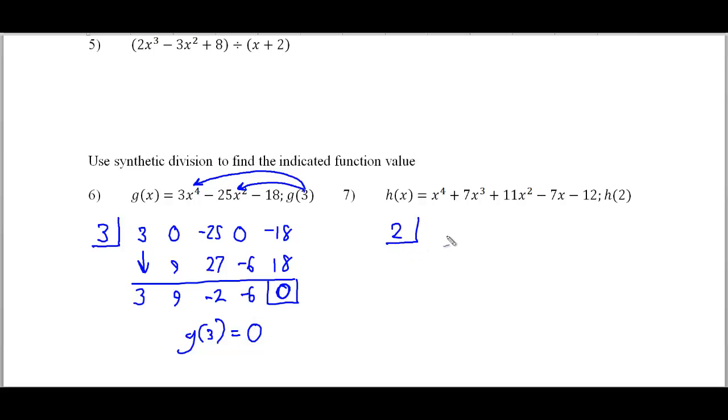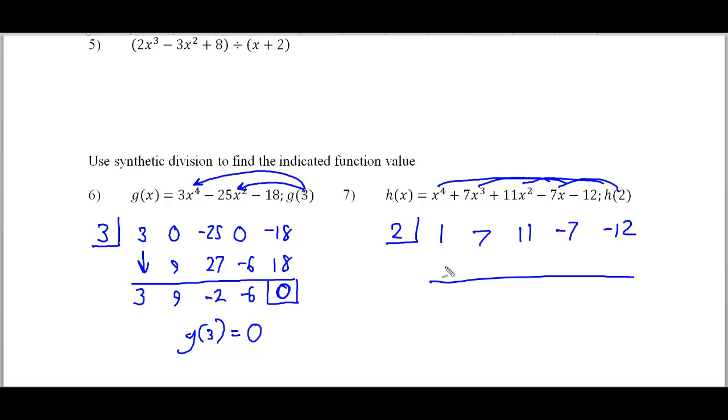This problem has x to the fourth, 7x cubed, 11x squared, negative 7x, minus 12. So again, this is going to evaluate what the answer is going to be if I plug 2 in for this, this, this, and this. So we're not actually looking for factoring, we're looking to see what that would be when I substitute that in.